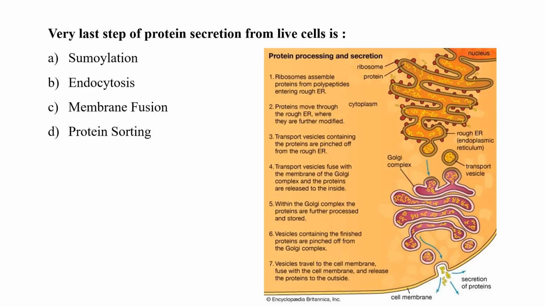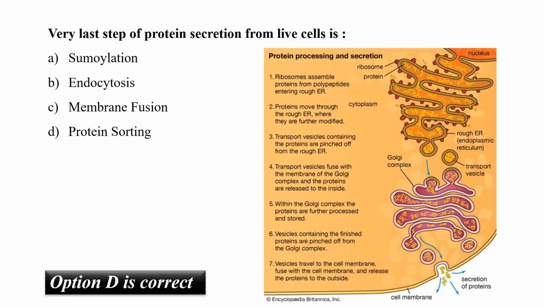Now these proteins are transported to the cis-Golgi network from the rough endoplasmic reticulum through vesicles. Here certain post-translational modifications take place, after which these proteins are again packed in vesicles, which go to the membrane, fuse, and release the proteins out of the cell. So here option C would be the last stage of protein secretion from a live cell.